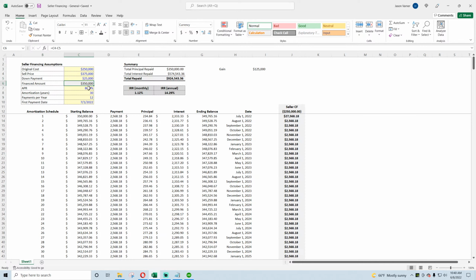Then the remainder of 350 is financed. So the cash flow is different than the tax basis. So we're saying you put out 250 at some point, you get back $25,000 in the first payment plus your regular payments from the buyer. I mean, technically, you could put that 25,000 offset against this cost, I believe, to be more accurate.